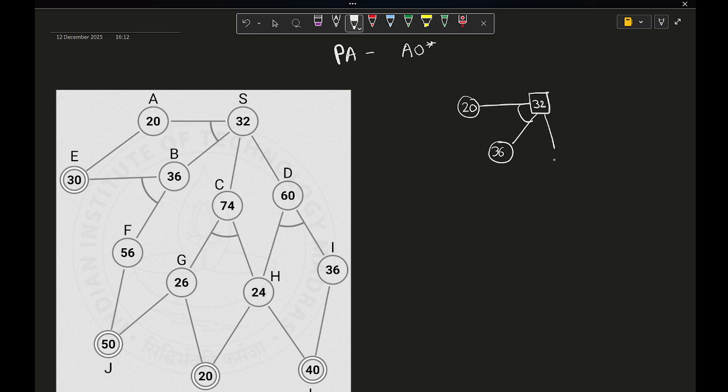Then there's 74 here. Then there's 60 here. So the costs that we'll be dealing with right now, because the edge cost is 2, I'll write that here. Edge equals 2.